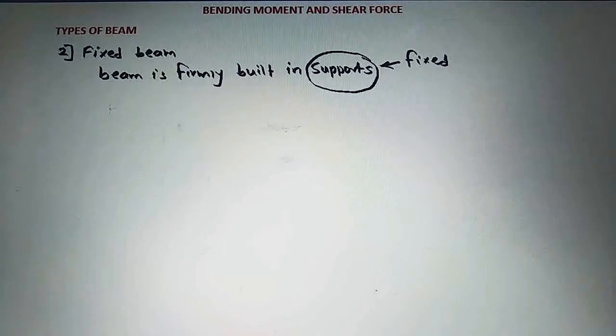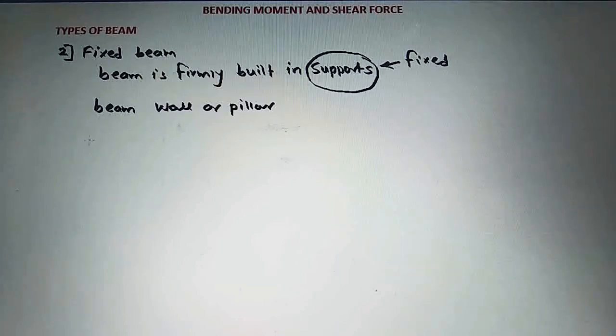For an example, we can take a beam firmly built into a wall or in a pillar. That is the example of fixed beam.